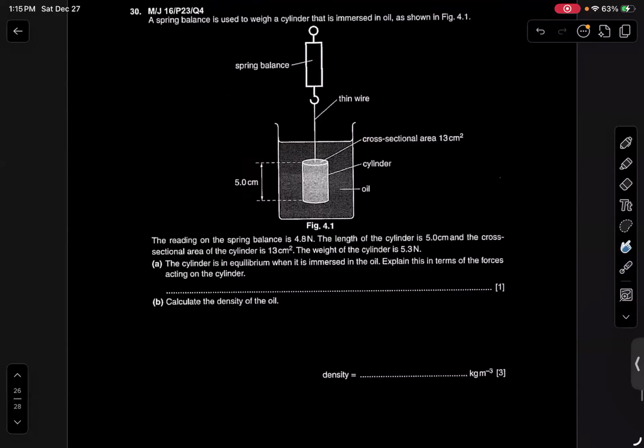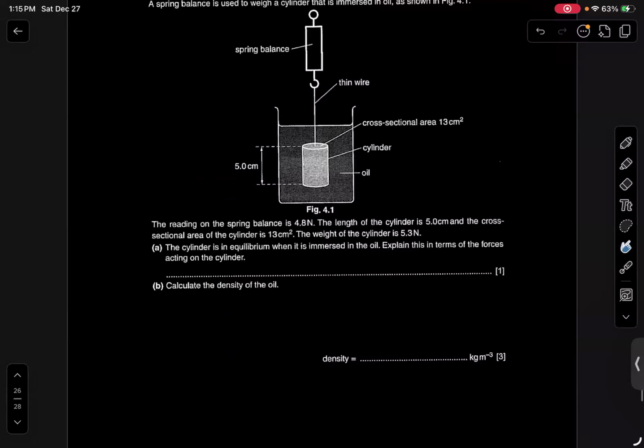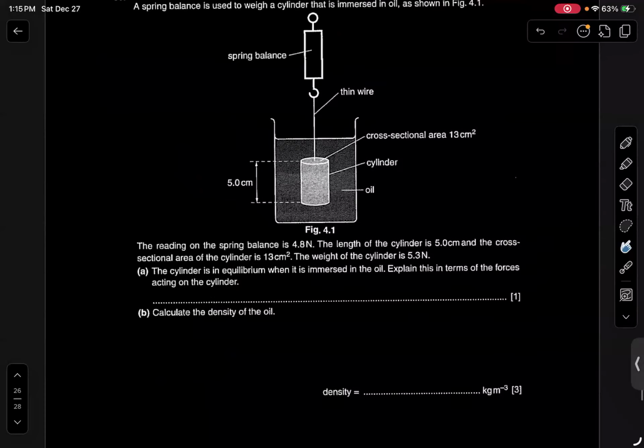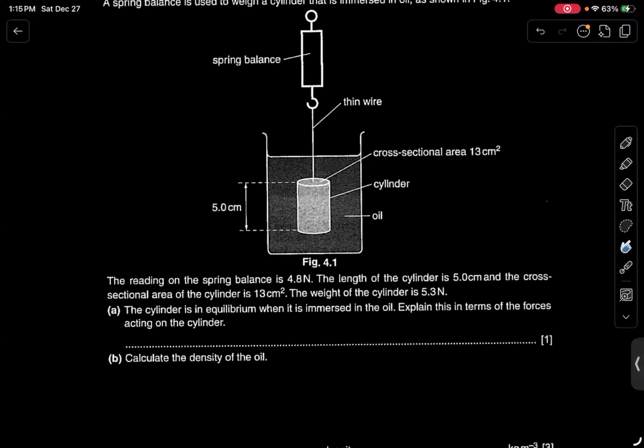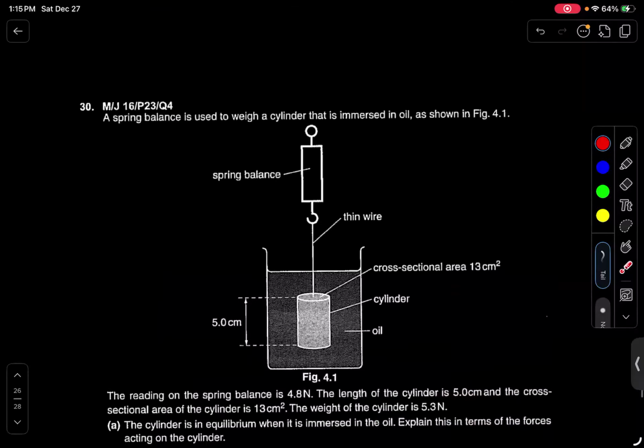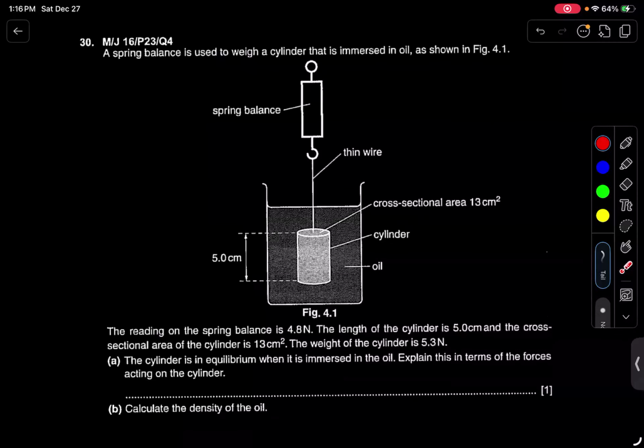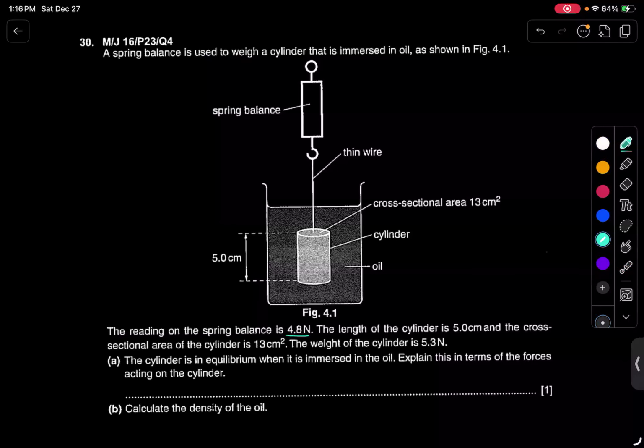Okay, let's check this question out. Okay, so a spring balance is used to weigh a cylinder that is immersed in oil. Interesting. The reading on the spring balance is 4.8 Newton.